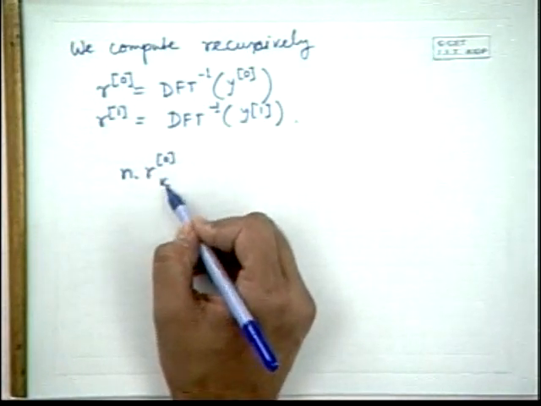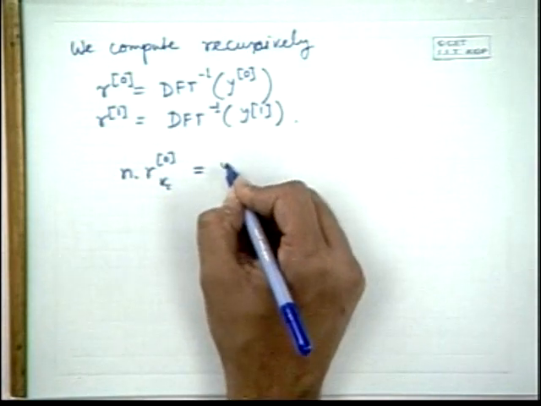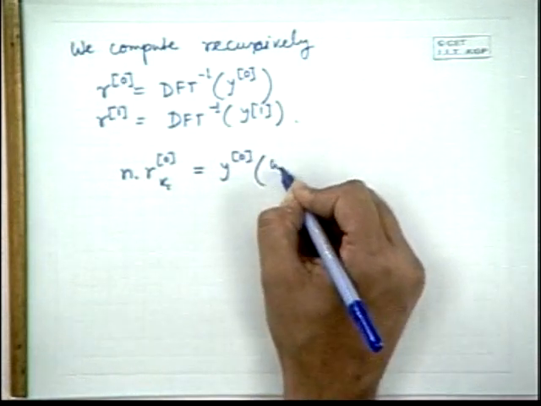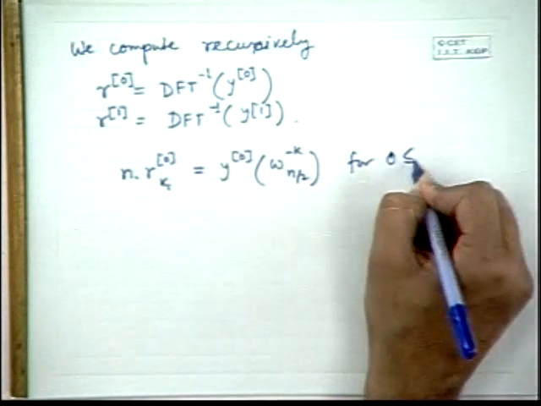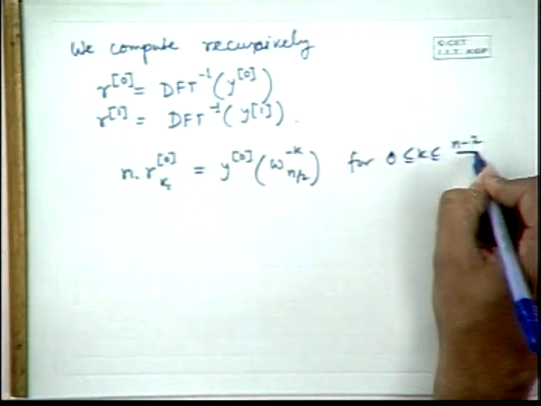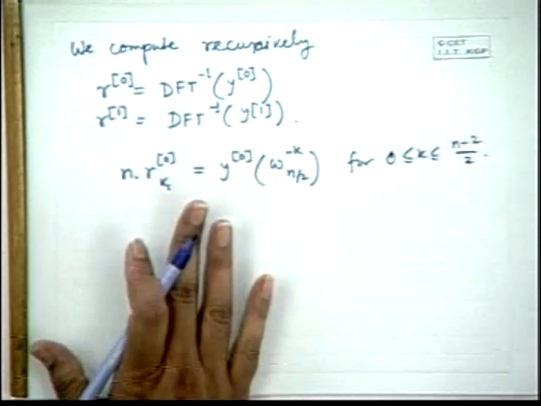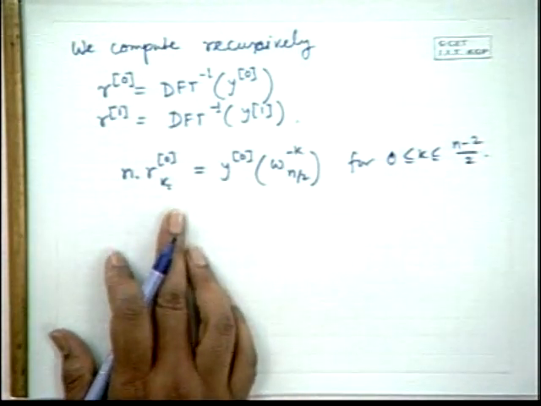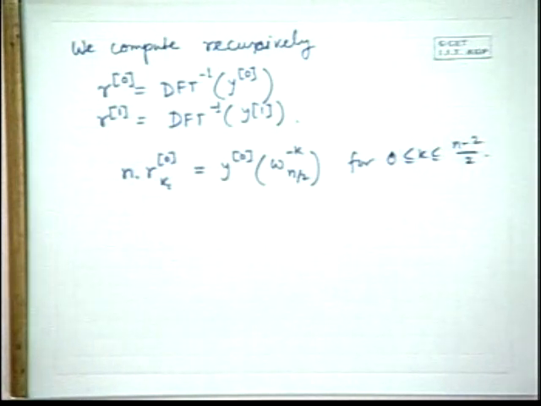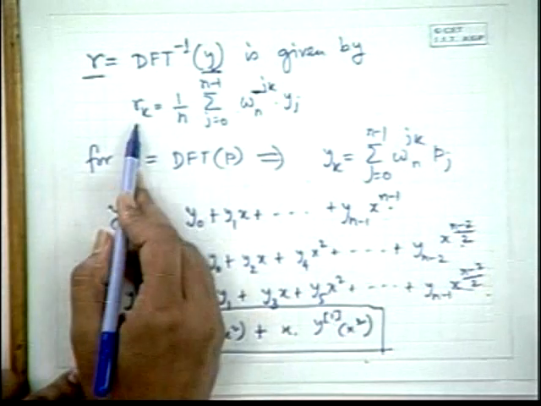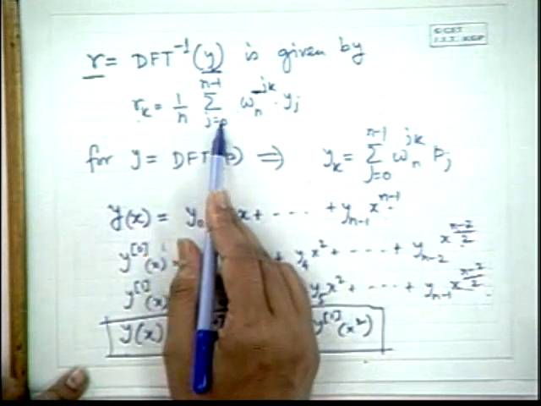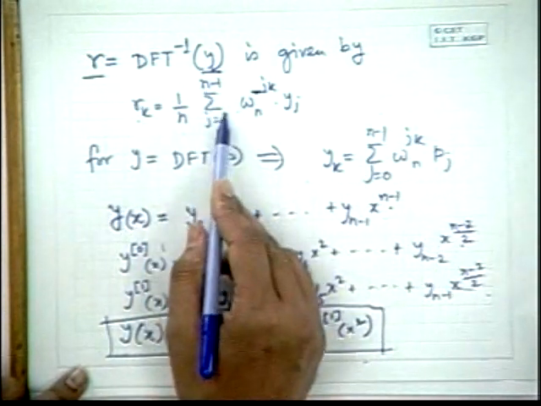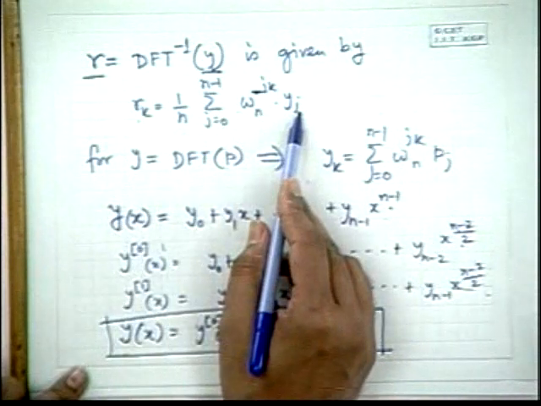So R0(k), I can write this as y0 evaluated at w to the power of k over n over 2, for k going from 0 up to (n-2)/2. Before I proceed further, why can I write this? Look at the formula of Rk. Rk is 1 over n sigma j going from 0 to n minus 1 of this.